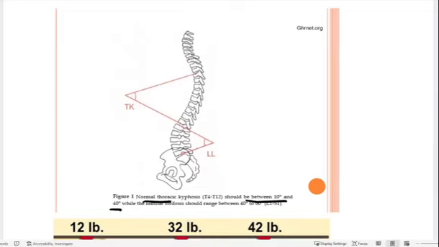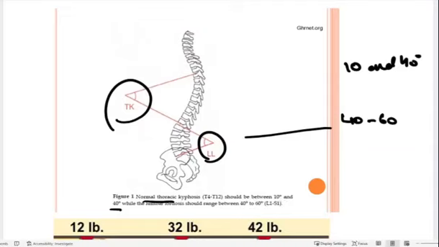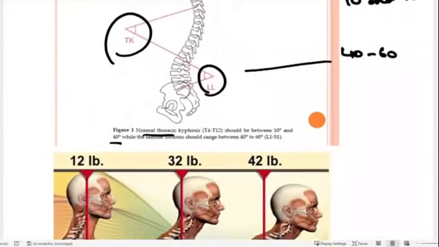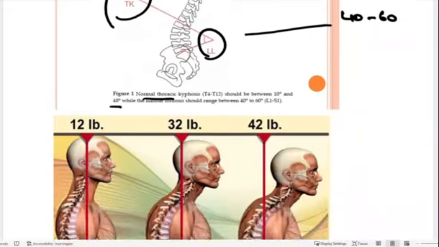If the thoracic kyphotic angle is between 10 and 40 degrees, you can see here, TK is the thoracic kyphosis angle, and if the lumbar lordotic angle is between 40 to 60 degrees, I'm going to erase it so that you can see here that it is 40 to 60 degrees. If that is the angle maintained for these two curves, then we call it a normal posture. But if that goes above and beyond this described angle, then that is not a normal posture.